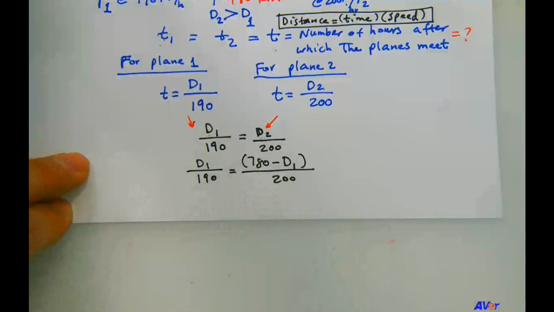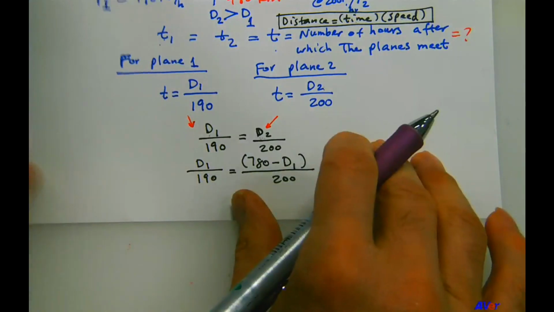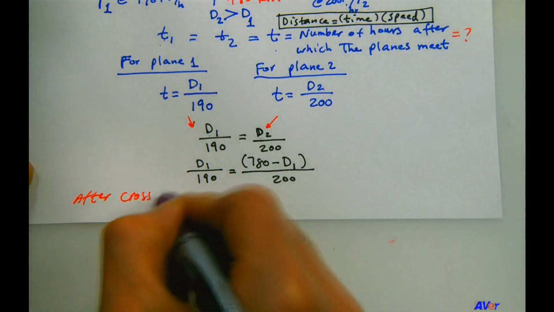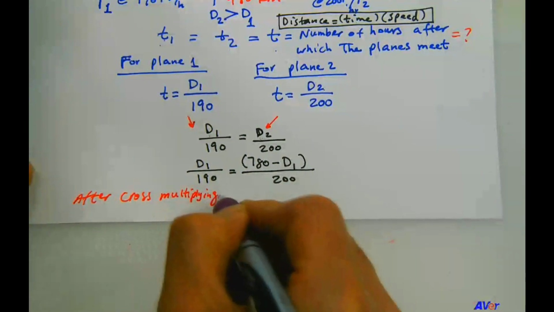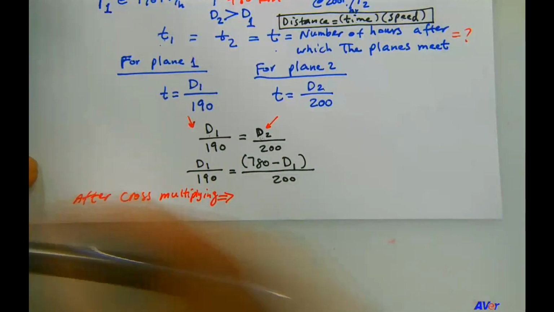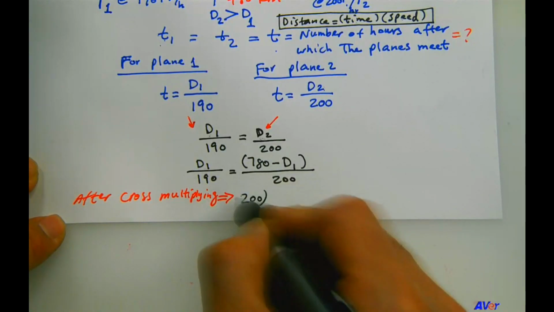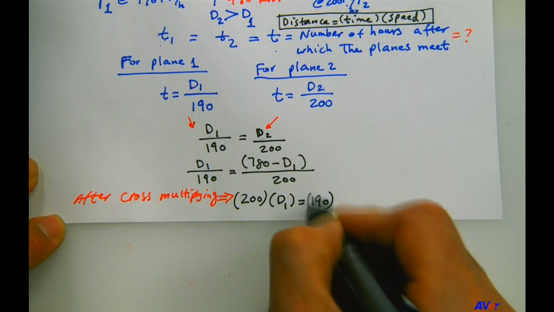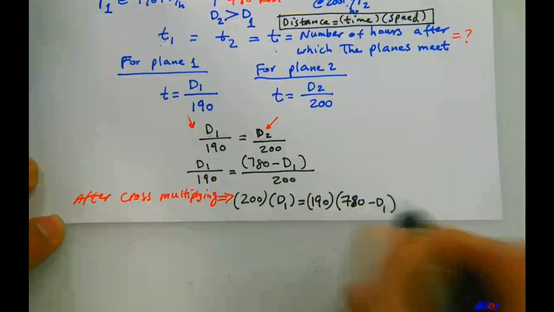So after cross multiplying, we have this result. We have 200 times D1 equals 190 times 780 minus D1.